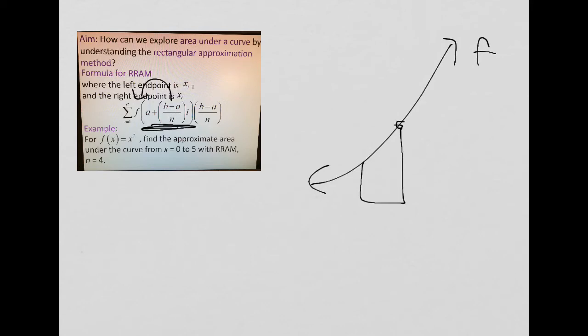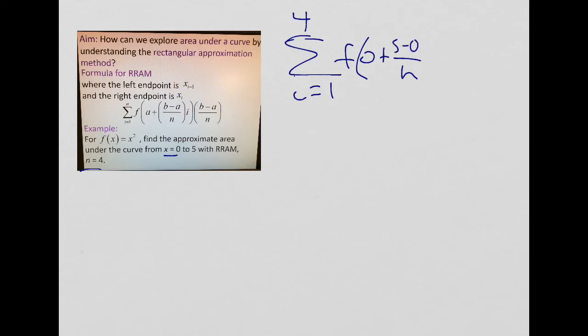The height of a rectangle is based off of this right endpoint, so you can see it's on the function. So this expression is the height, this expression is the base. So we're going to do this example now. It's very much like problems we have done in pre-calc, so I'm going to go over the rules of summations that are necessary to use for summations, okay? All right, so let's get going.